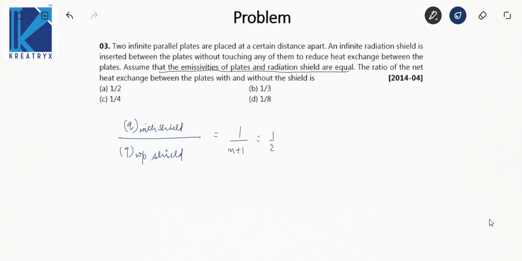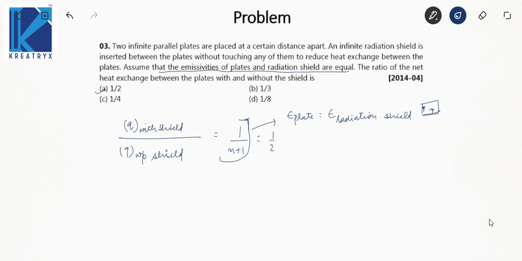And this formula is only applicable when the emissivity of the plate is equal to the emissivity of the radiation shield. This is the important condition. So the answer will be 1 by 2.